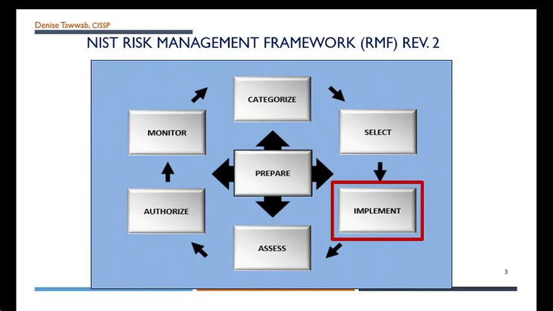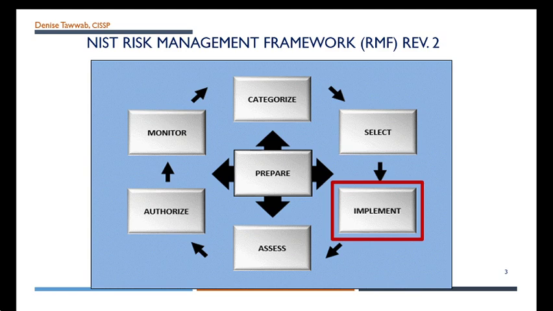On your screen is a graphic of the 7 steps in the NIST Risk Management Framework, Revision 2. And this is all based on NIST Special Publication 800-37, Rev 2, where they added the Prepare step, the Categorize step, the Select step, then there's the Implement step, which is the step that we're on now.